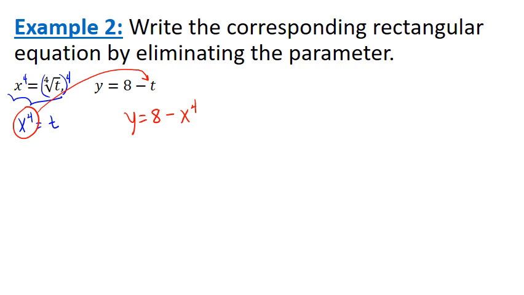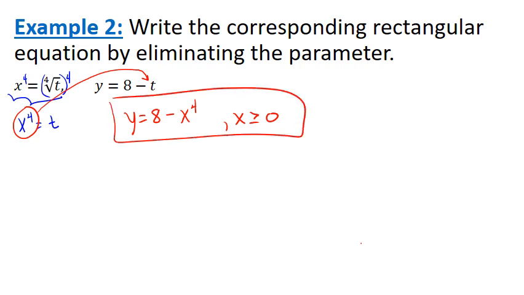The only other thing I need to do is identify the domain. The domain here is x is greater than or equal to 0, because if you look at the original problem here, the outcome of this will always be 0 or positive, no matter what the value of time is. So this is my final answer.